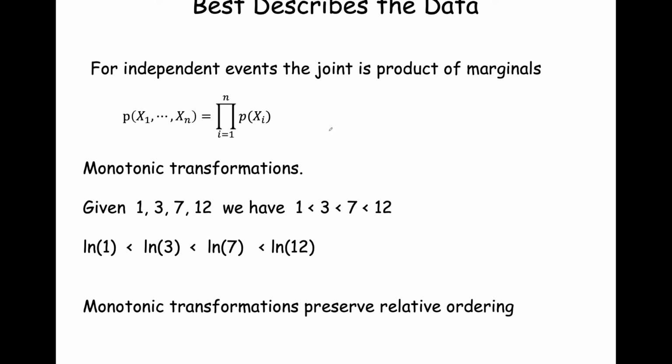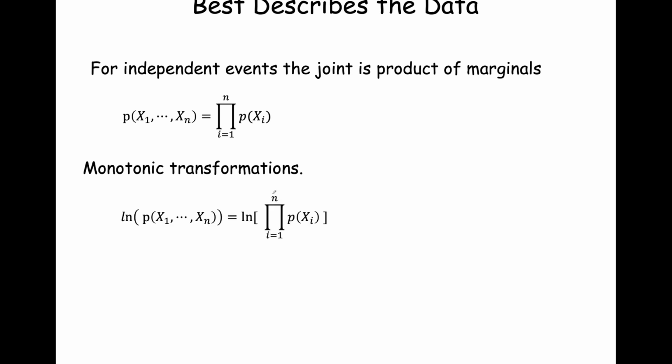And therefore, if we want to know which lambda is the lambda where this expression achieves its maximum, we can take a monotonic transformation of this expression and see for what version of lambda the transformed version achieves its maximum, and it's still the same lambda, because of this monotonicity property, preserving the relative ordering.